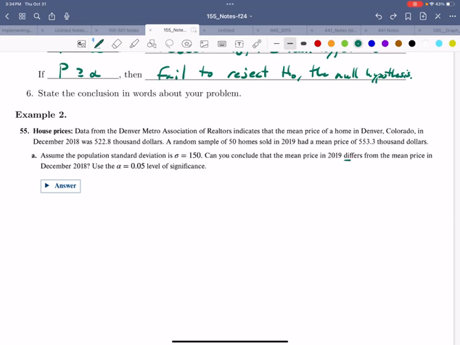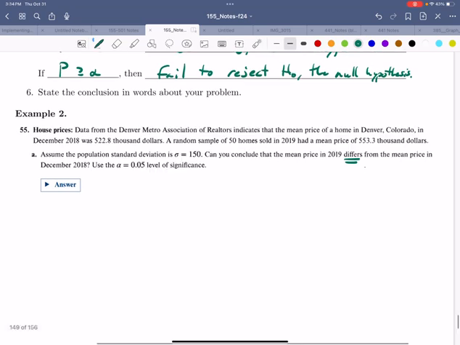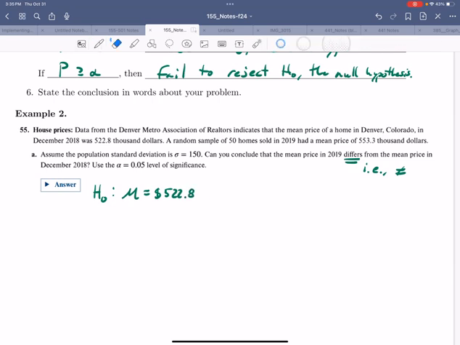price differs? Now, this is a little different, right? This just says differs, i.e. not equal to, okay? So let's see. We're going to first state our null and alternate hypotheses, right? We're going to say, okay, mu equals, I guess we'll say, $522.8 thousand, right?